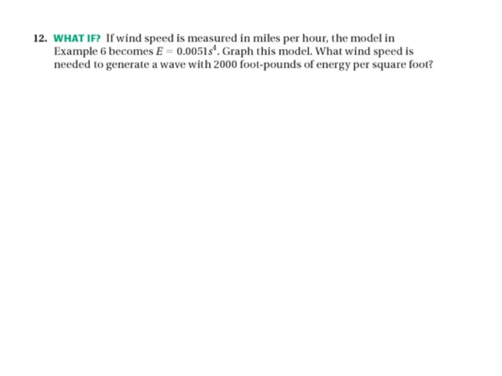So they want to know how much speed we're going to need. S to the fourth, so watch what we do. 2,000 equals 0.0051 S to the fourth. So go through and solve this.